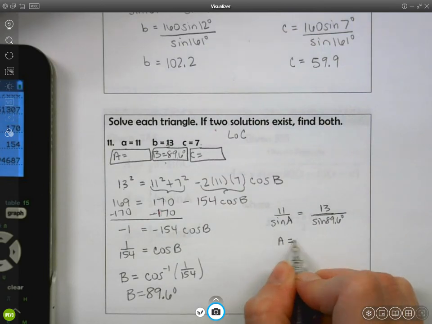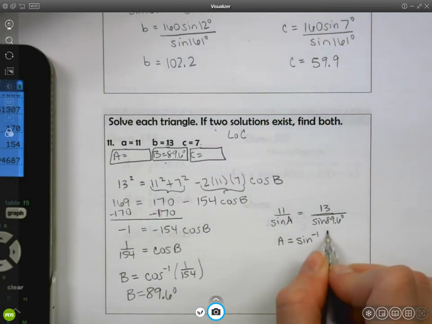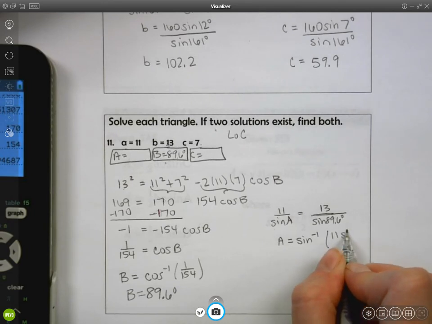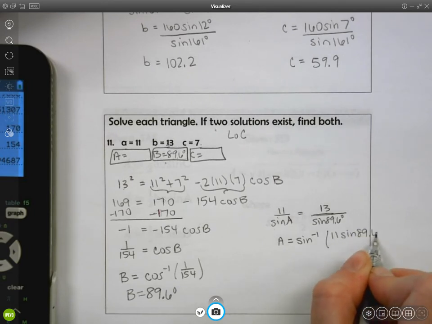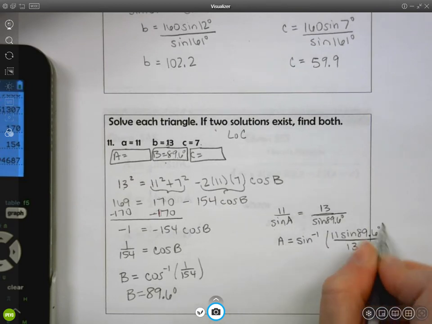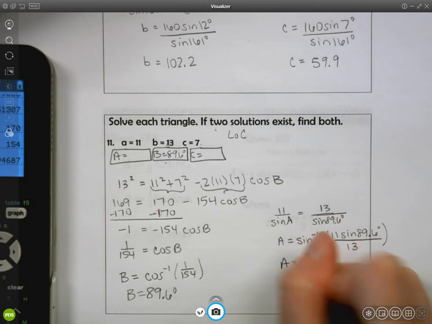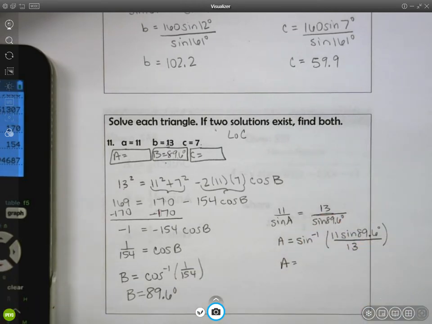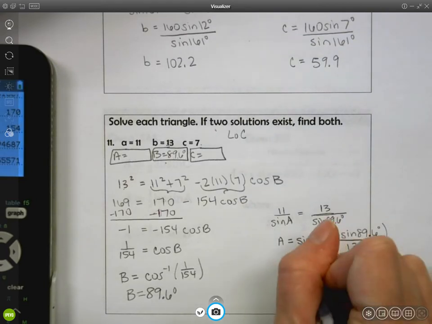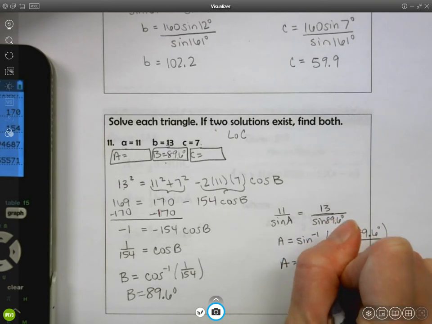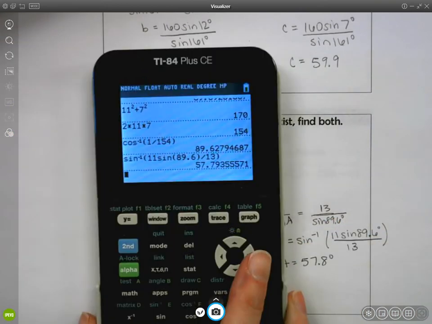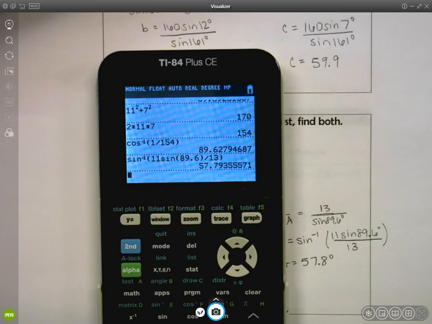So A is inverse sine of 11 sine 89.6 over 13. So 57.8. And again, here you go in the calculator if you need it.